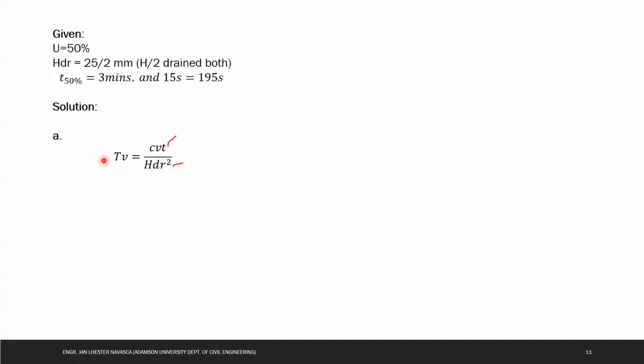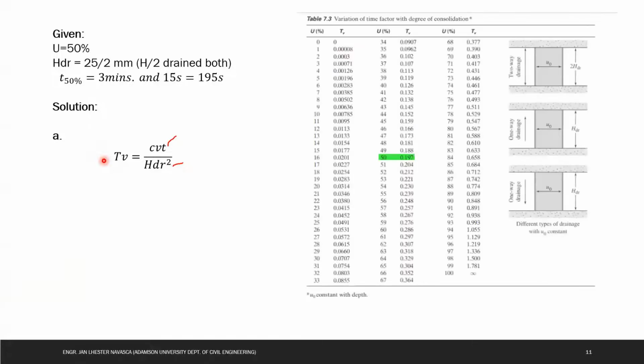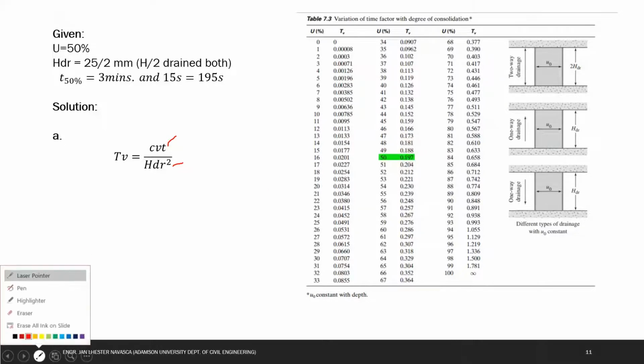If you check our discussion last meeting, this is our table. For a 50% degree of consolidation, you have a T_v value, or time factor value, of 0.197. So now that you have the value of T_v, you can solve for C_v, the coefficient of consolidation.